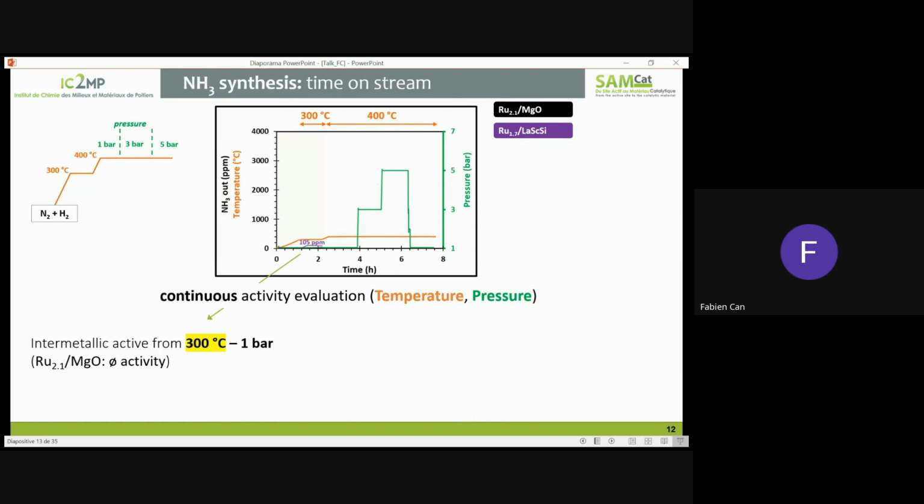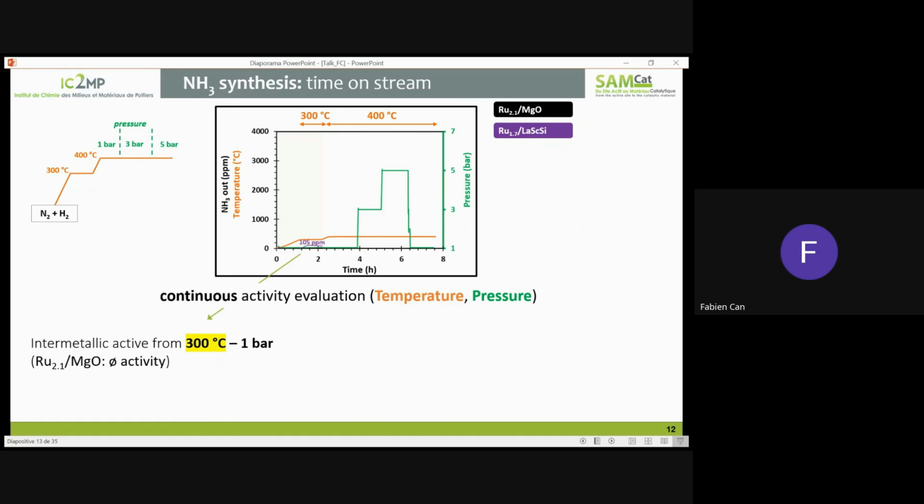What we can observe first, at low temperature and under 1 bar, is that the MgO sample is not active. We don't have any ammonia formation at this temperature, but we can see a small amount of ammonia over the lanthanum scandium silicon catalyst, around 100 ppm. It's not a lot, but it is an interesting result since the reference sample does not produce any ammonia in this condition.